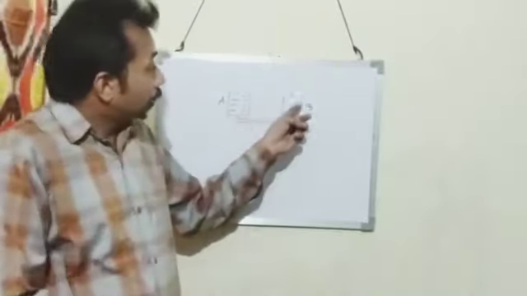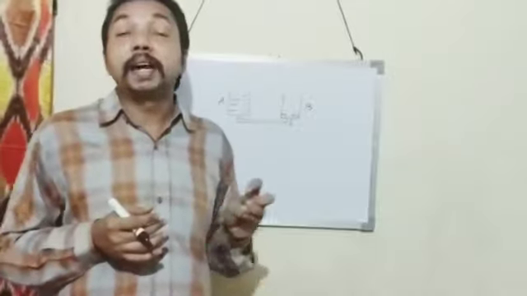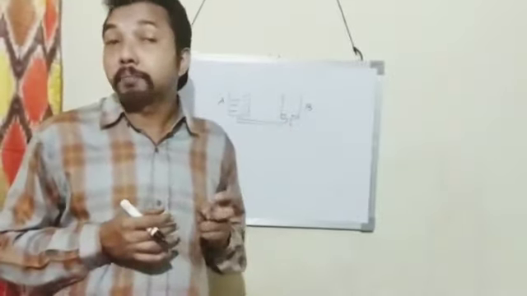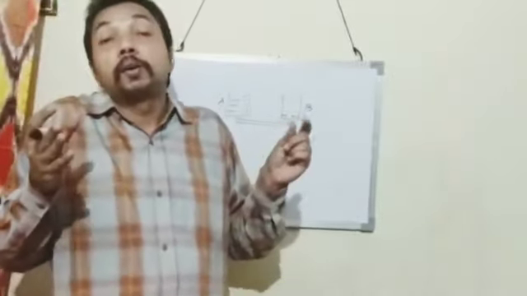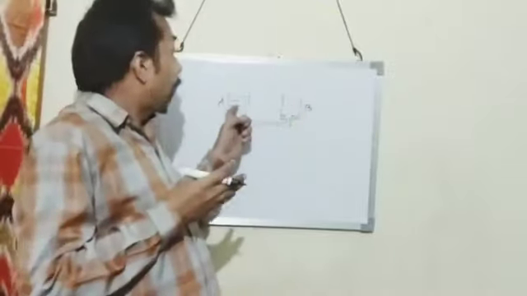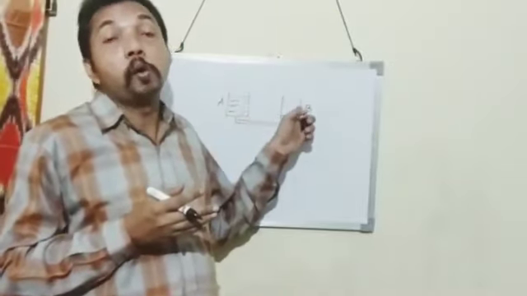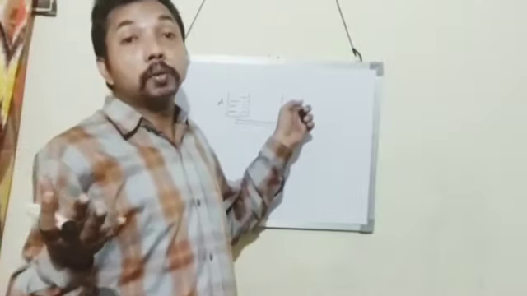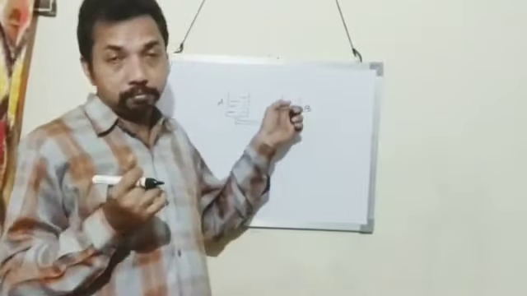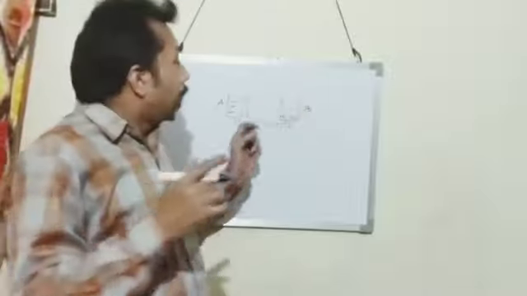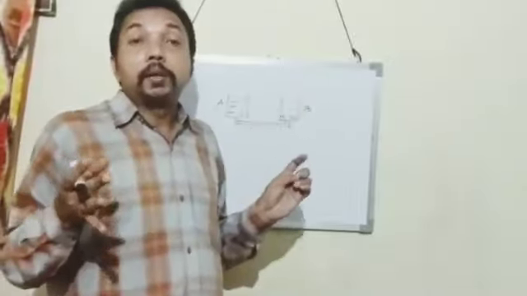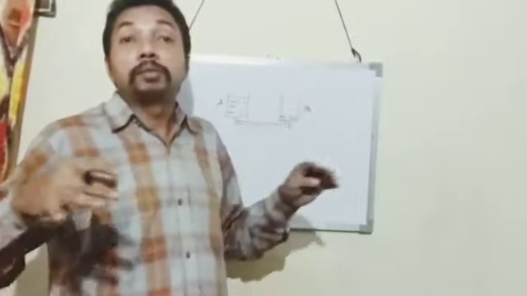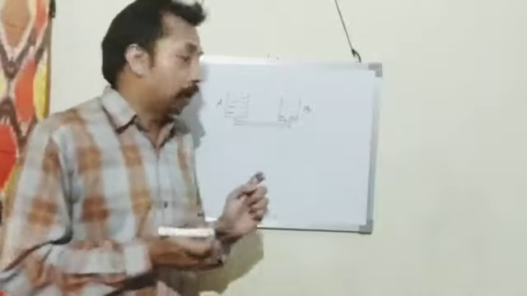When these vessels A and B are connected with a connecting pipe, the water flows from the higher level to the lower level. And it will continue till the level of water in both the vessels becomes equal.